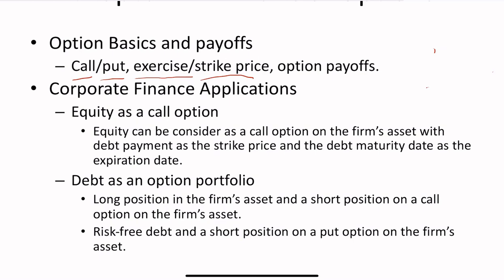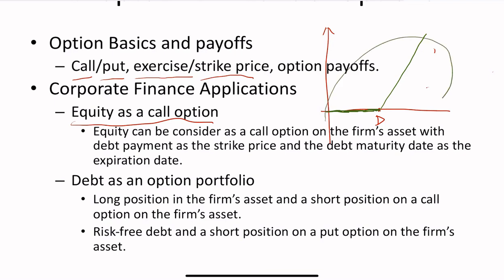For example, if you consider the first application, so if we consider a call option on the firm's asset and the debt payment D as the exercise price, we will know that this call option's payoff curve will look like this, right? And you can see that if you're the equity holder, your payoff will exactly be like this, right?